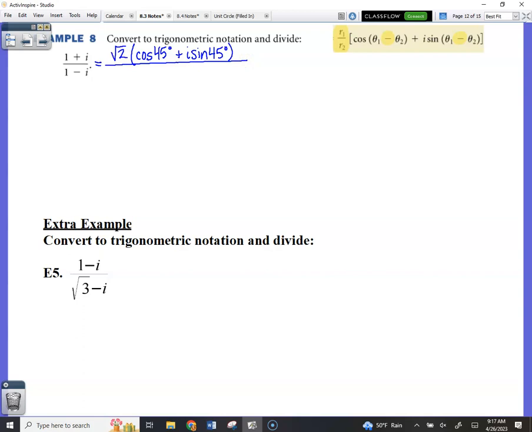Now we have not found 1 minus I. So we need to do that. So let's come over here and let's find 1 minus I. So I want you to do it. Label A, B, find R, find the fractions for cosine and sine, find theta, and then plug it in.